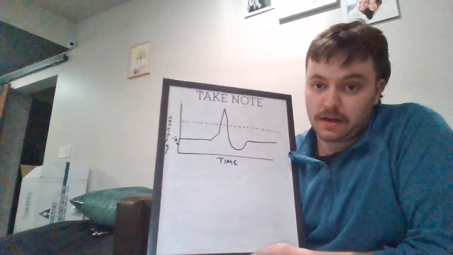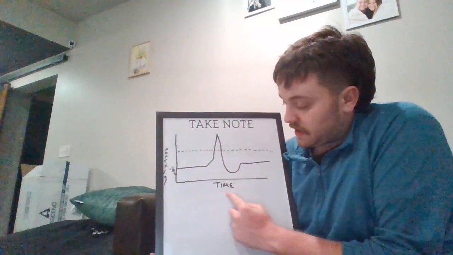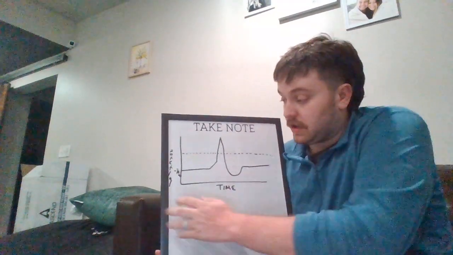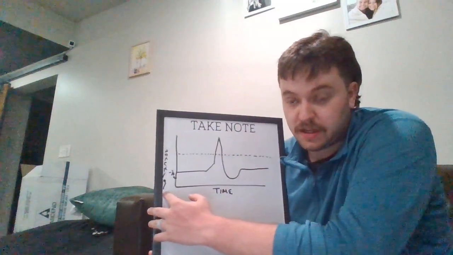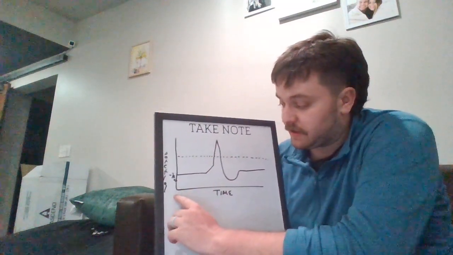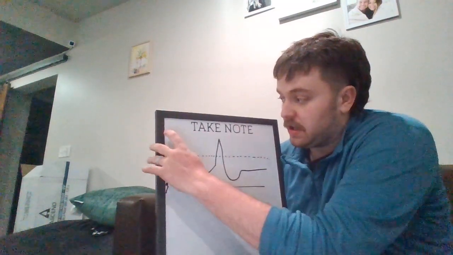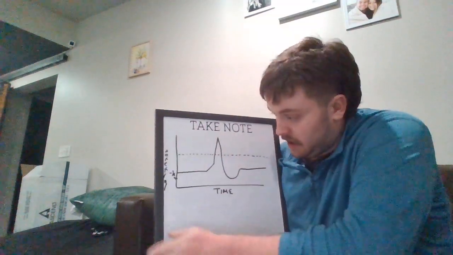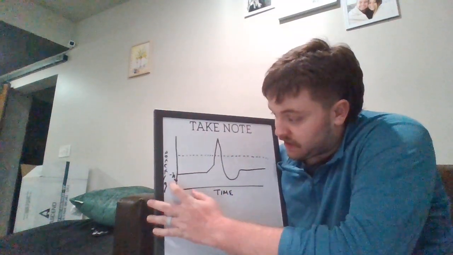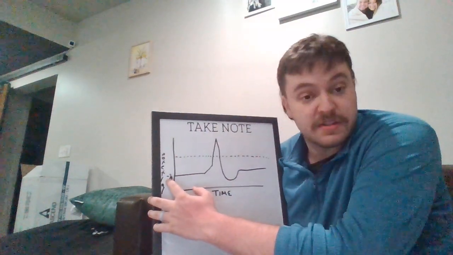Okay. Now on the graph, on the x-axis we have time, and on the y-axis we have electric potential, or membrane potential. Now on the graph this ranges from negative 80 to positive 40 millivolts. And something I want to point out here is that our resting potential is negative 70 millivolts.